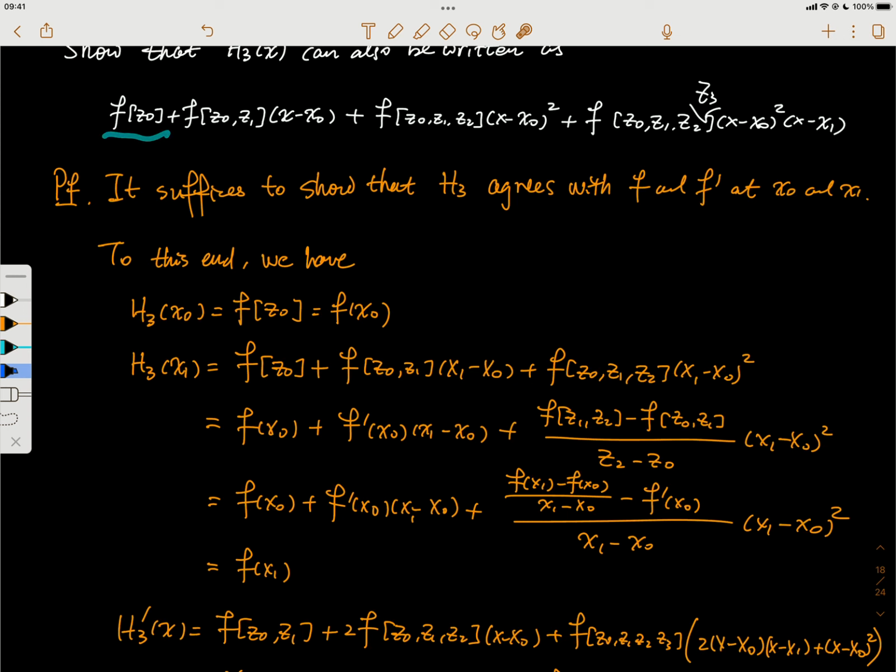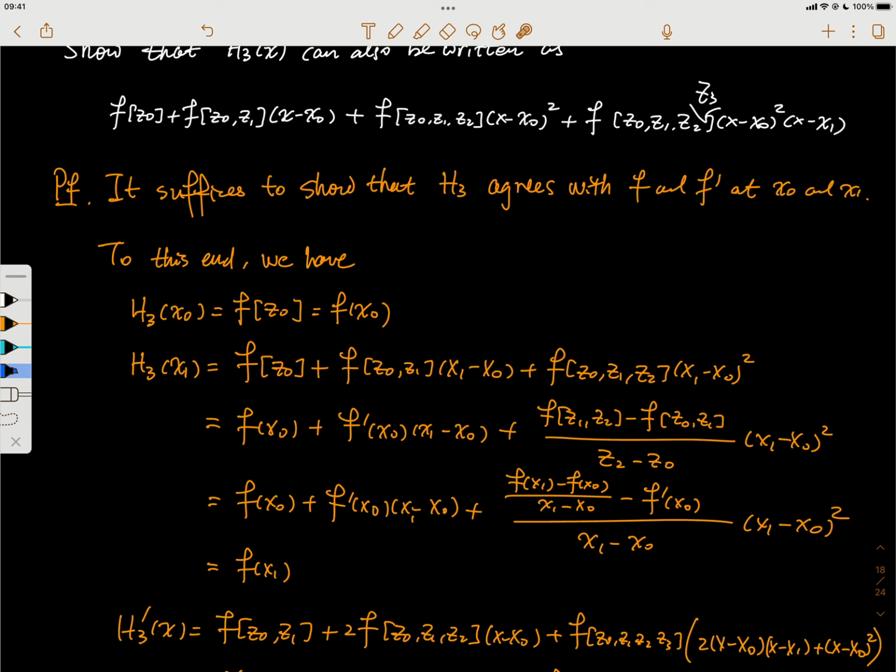Only the first term is left, and that is f of z0. By definition, f of z0, with only one argument, is just f evaluated at that point. And z0 is just x0, so these 2 are equal, which is what we needed.